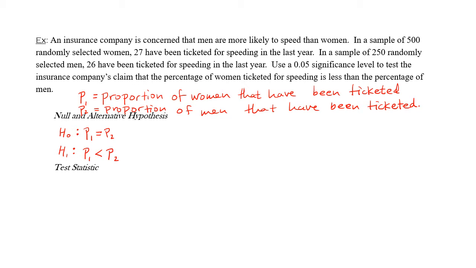Okay, now before I write the test statistic, let's collect our sample data here, because we've got two samples. So we'll have essentially two of everything: one for P1 and one for P2.